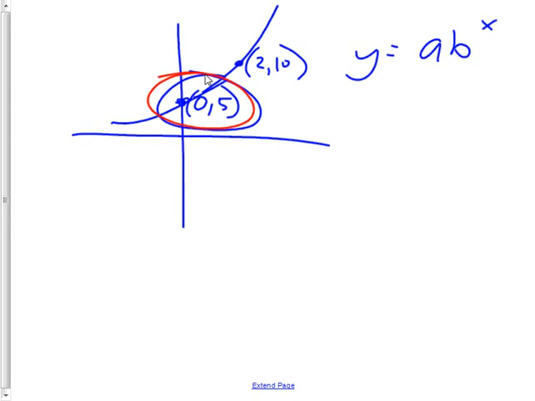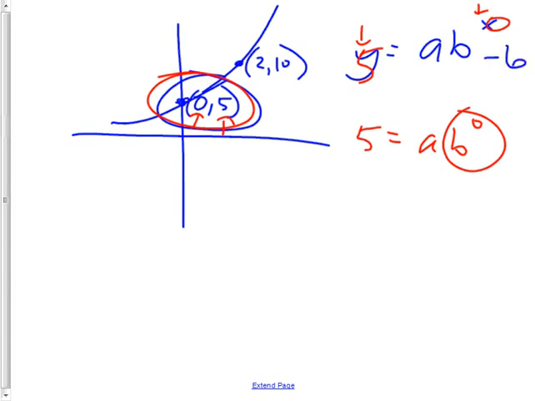What you should have done is started with this point and stuck it in here and here, and you would figure out that x is 0 and this is 5 equals a b to the 0, and yay, that part. So yes, you can usually assume, but usually is a scary word because it doesn't always work. I would always start with that process, because what if they throw in some other number here like -6? Then your number wouldn't just be a. You can't just say a is 5 for sure until you've checked.